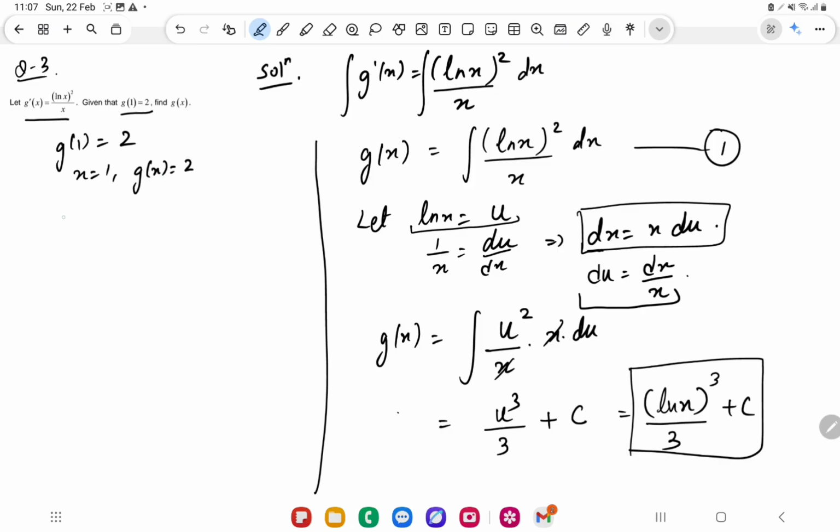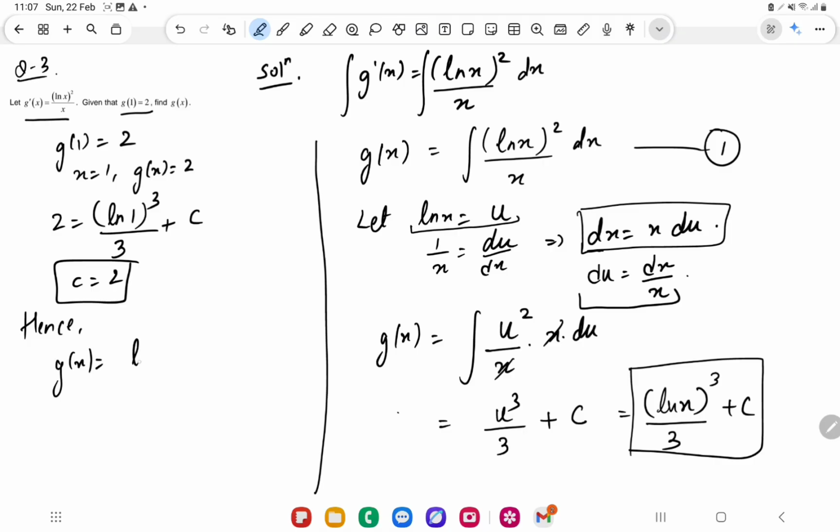So if I replace, I will get 2 equals (ln 1) whole cube by 3 plus c. And ln 1 is 0, so I got my c value as 2. Hence, I can write g(x) as (ln x) whole cube by 3 plus 2 as my final answer.